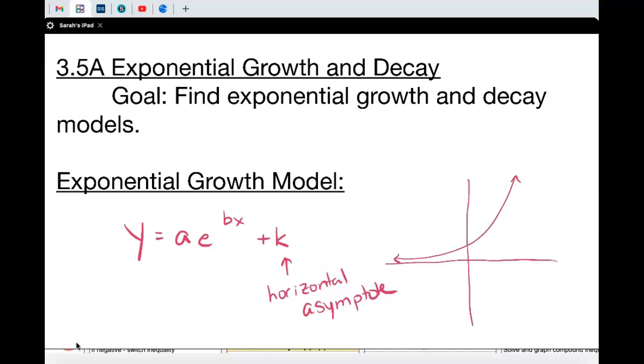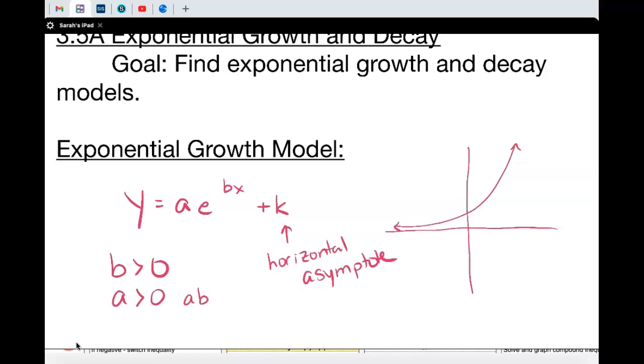If it's growth, then we know b should be positive, so that way we are rising instead of falling. Same thing with a. A has to be greater than 0. That means it's above the x-axis. If it's less than 0, then it's below the x-axis.